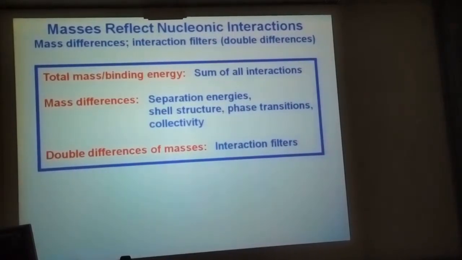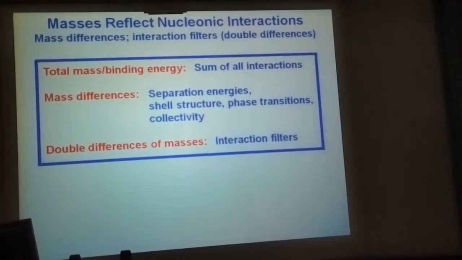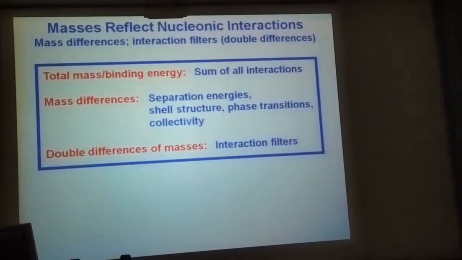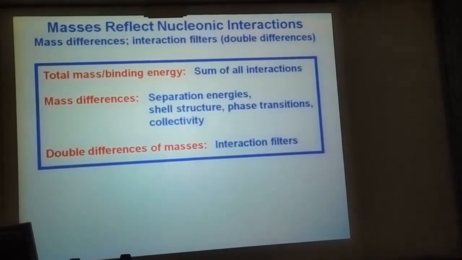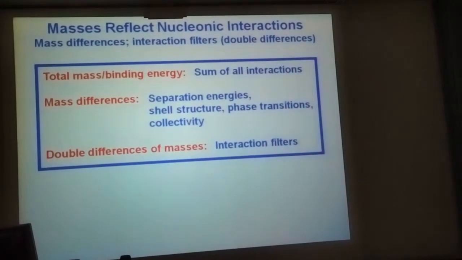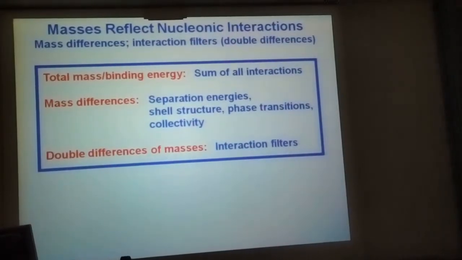Okay. The mass of a nucleus with a couple hundred nucleons is a couple of hundred GeV. The binding energy of a given nucleon is about 8 MeV. So it's not so easy to tell effects of 8 MeV when you're dealing with numbers of 200 GeV. So nobody really looks very much at masses.